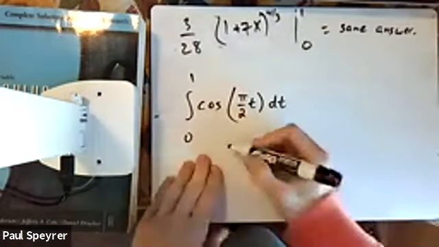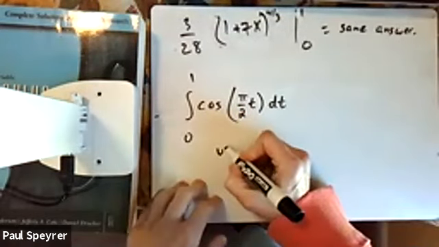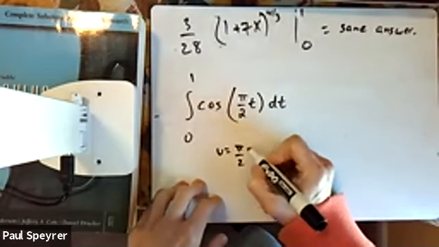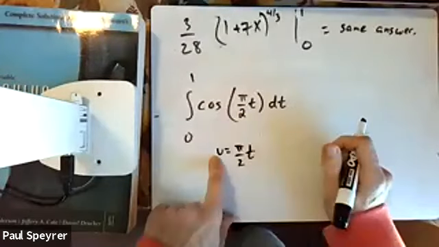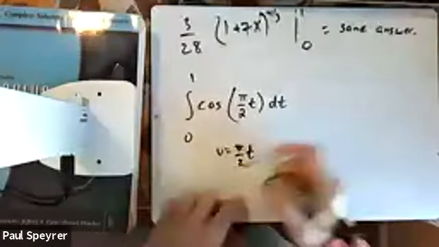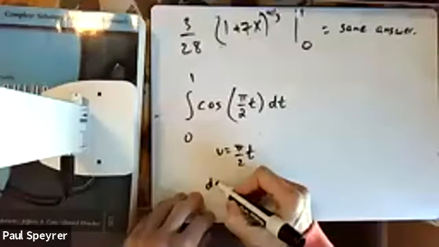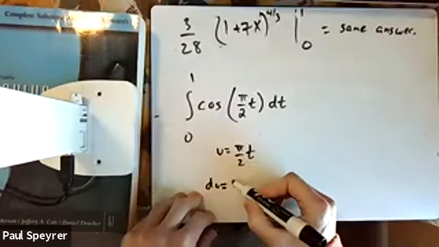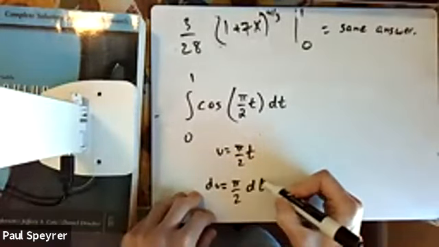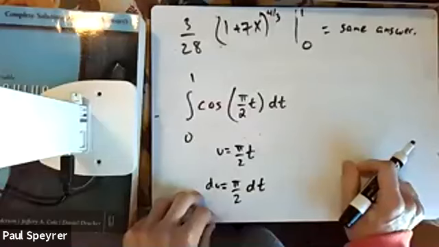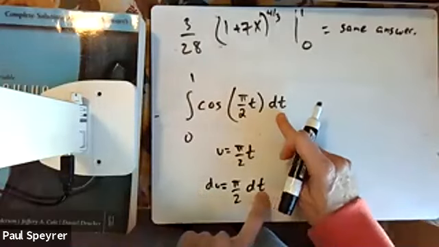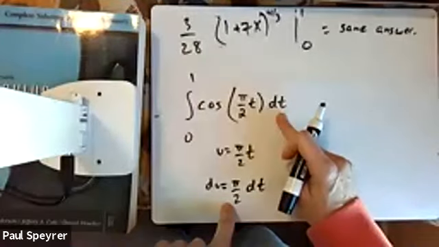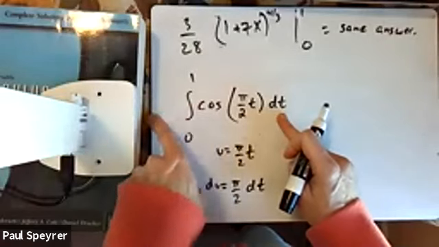What do we need to do? Well, let's just let u equal the inside. So if u is pi over 2t, then what's du going to be? Remember, pi over 2 is a constant, so it would just be pi over 2 dt. Well, we need the dt, correct? We don't need the pi over 2 because we don't have a pi over 2 floating outside of the trig function.